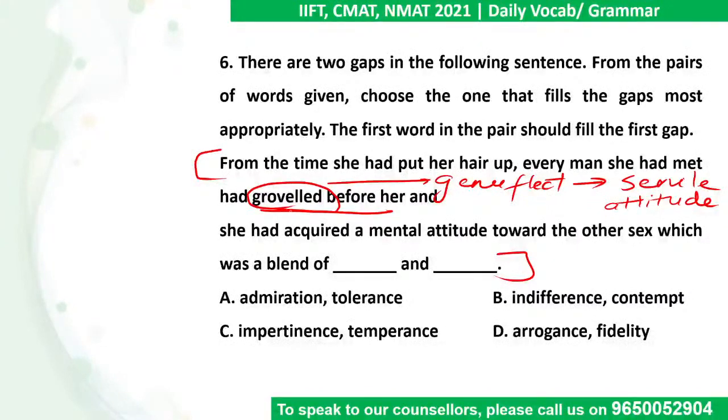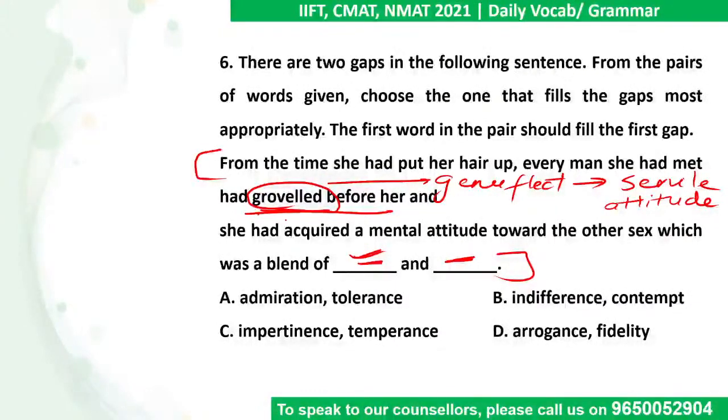So if everyone was groveling or begging in front of her, it's safe to assume that her mental attitude toward the other sex would have been negative. So these two blanks should have negative words. Those who have gone for admiration and tolerance should know that grovel has a negative connotation. Everyone was behaving like a servant.